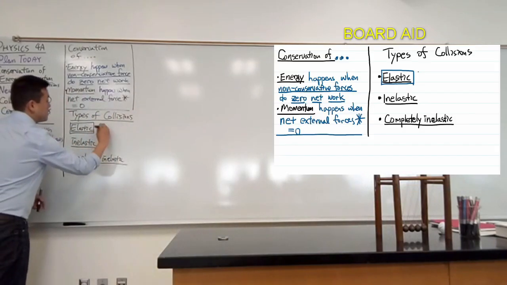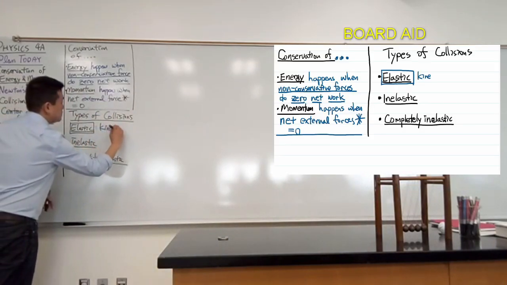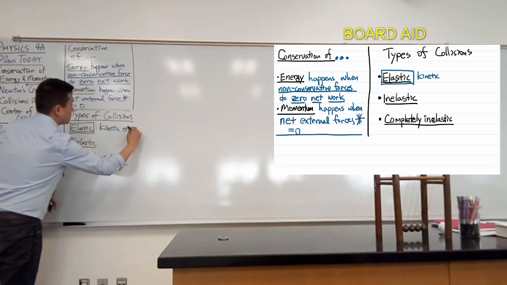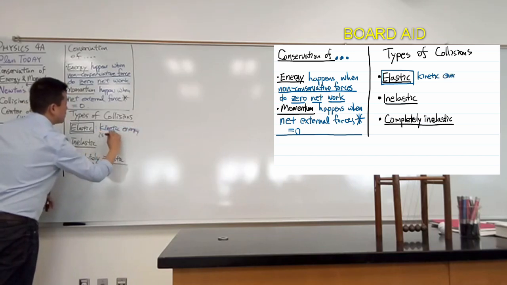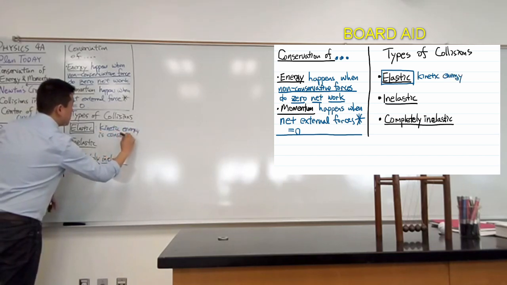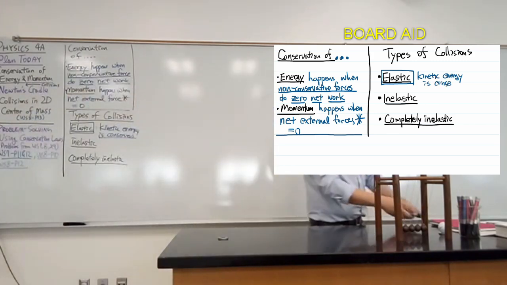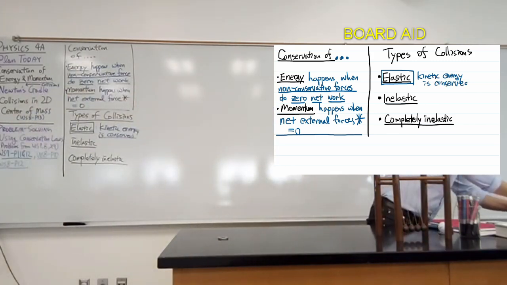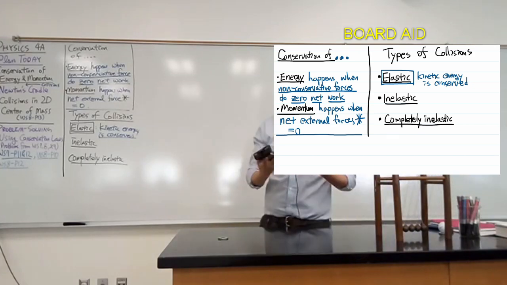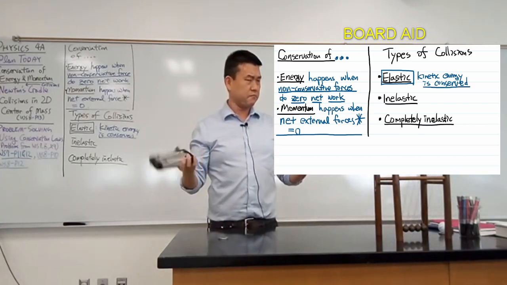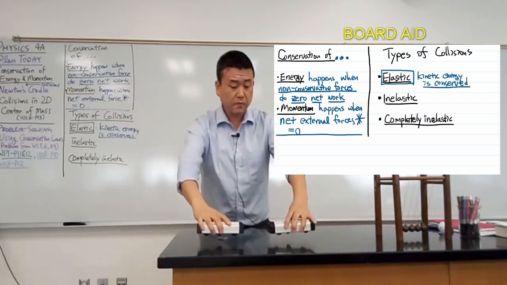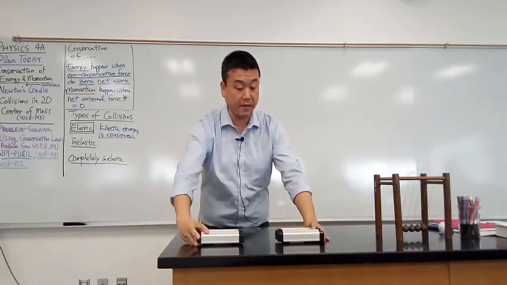So that's what elastic means: kinetic energy is conserved. And once somebody says that a collision is elastic, you leave it to the person who said the collision is elastic to establish how the collision is exactly going to be elastic.